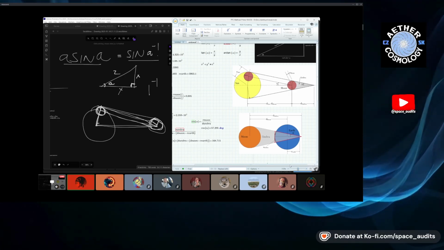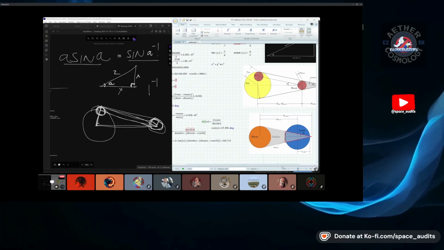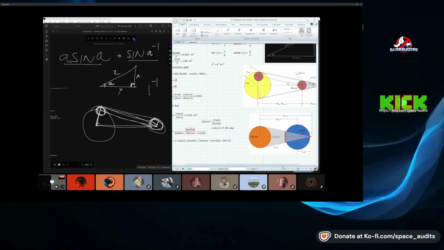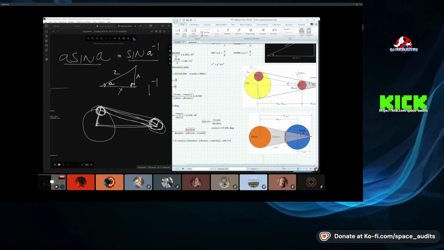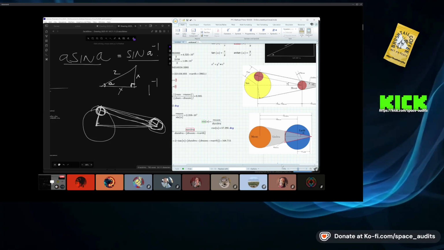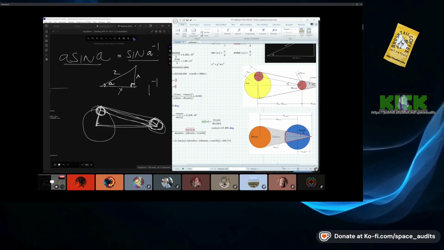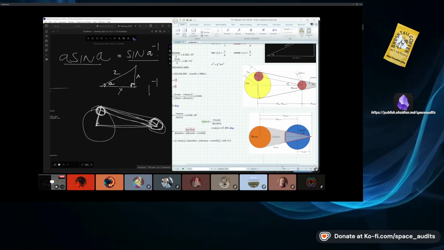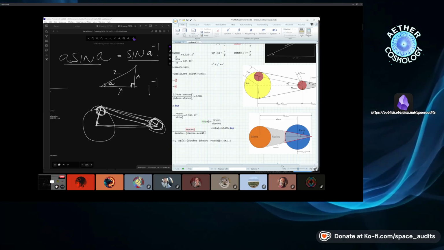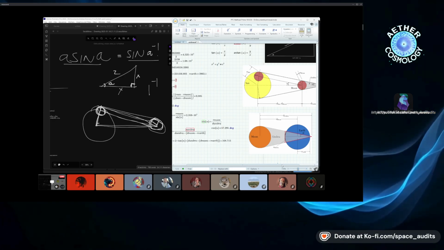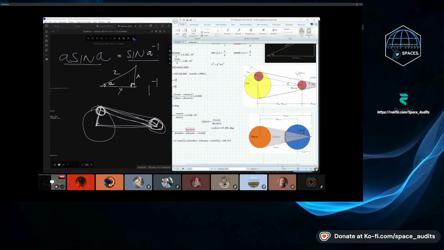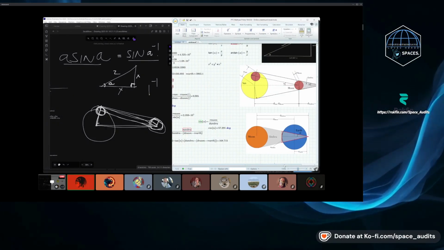I'm trying to find a better way to visualize that. Do you see what I'm talking about?